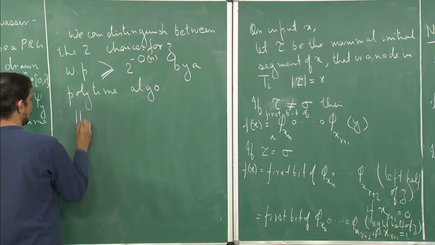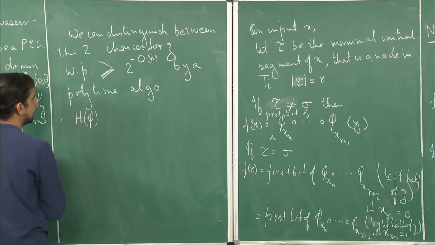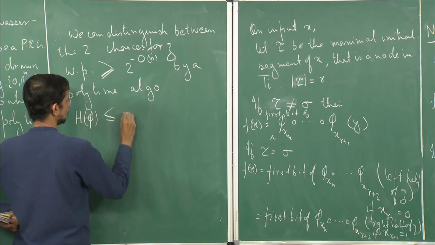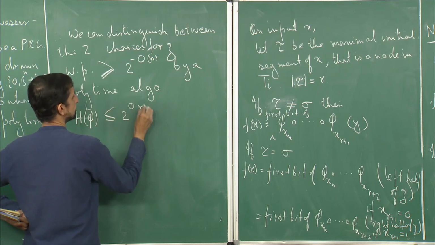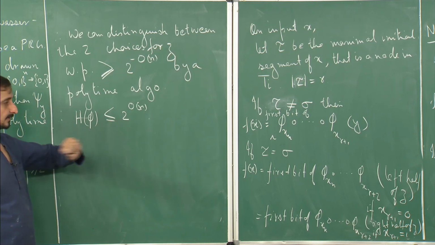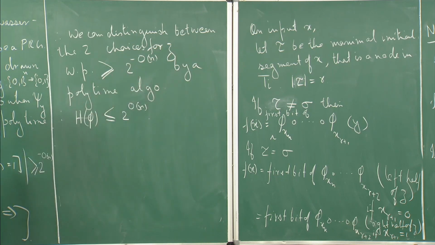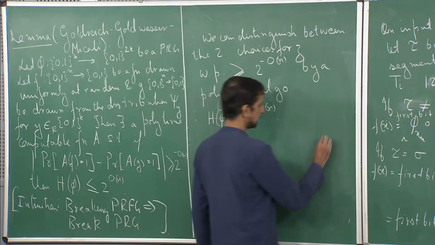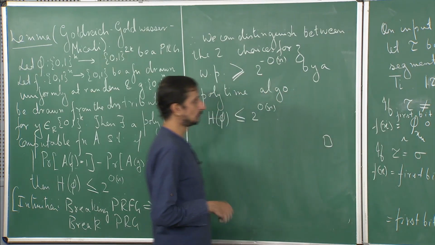So it means that h phi is at most 2 to the power order n. This is polynomial time, and this is just 1 over m, which is 2 to the power order n. Okay, so this completes the proof of this.